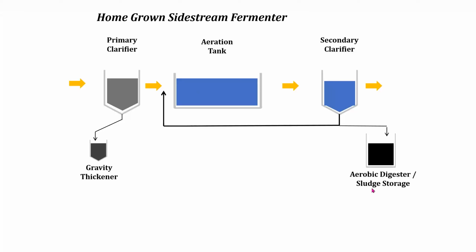And why I like this is if I've got an aerobic digester, not an anaerobic digester, an aerobic digester, or if I simply have some tank that I'm using for sludge storage, maybe I'm storing it for a period of time before I can land apply it.